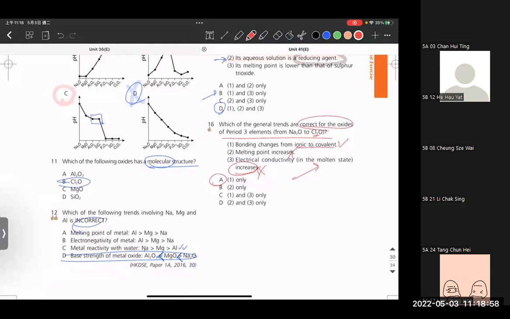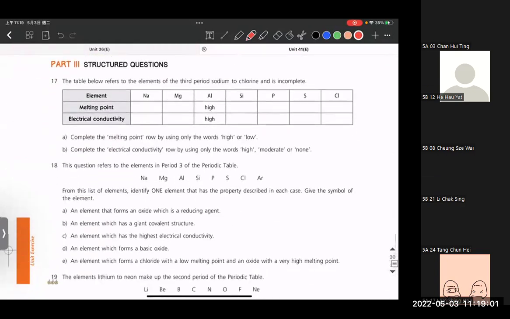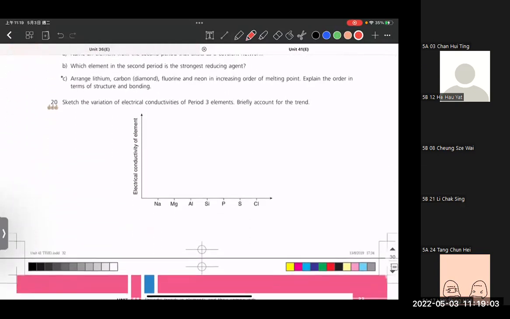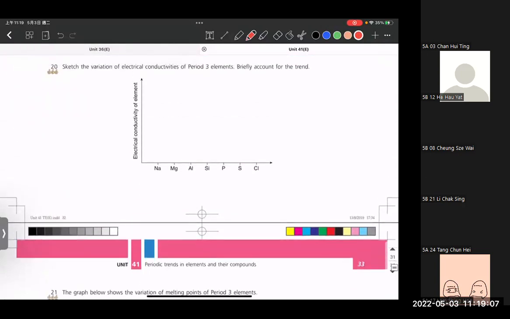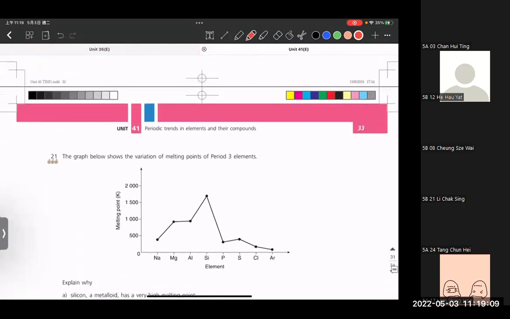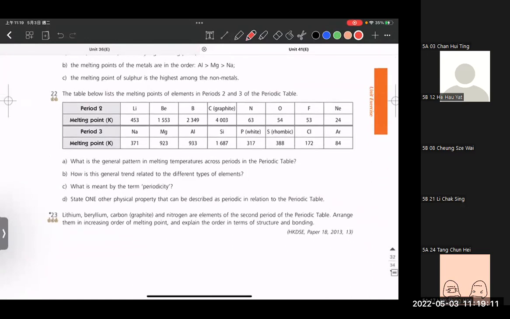Question 21 we have just covered. This one just draws the trend. I'm sure you can manage by yourself. Question 22. What is the general pattern in the melting temperature across the period in the periodic table?